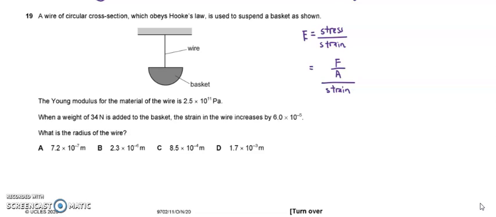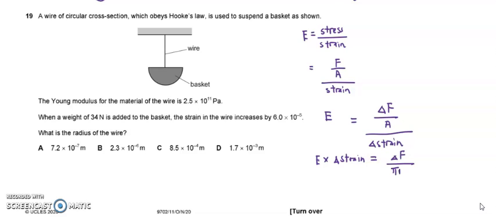So we are talking about the increase in the force, since the area is constant, and the increase in the strain. So E times the increase in strain will equal the increase in the force over pi r squared.